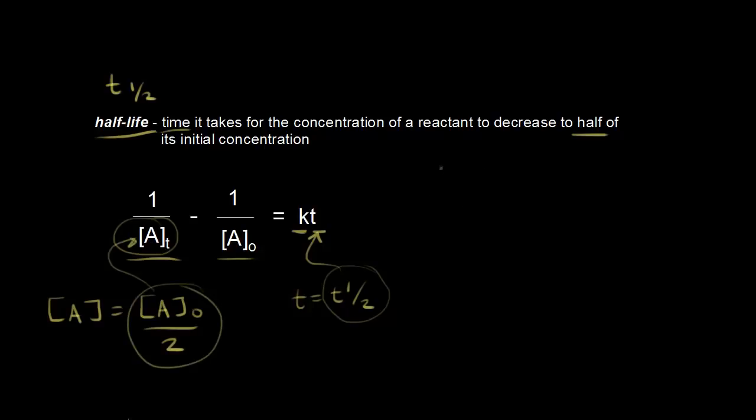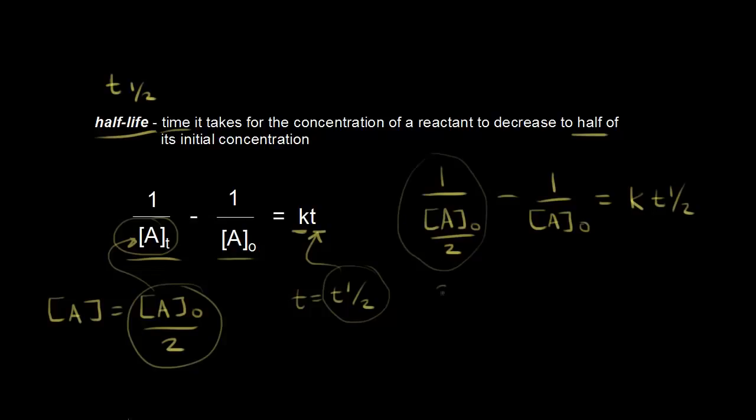All right, let's plug those in and see what we have. We have 1 over the initial concentration of A divided by 2, minus 1 over the initial concentration of A, is equal to the rate constant k times the half-life. So on the left side, this would just be 2 over the initial concentration of A minus 1 over the initial concentration of A, equal to k T1/2.